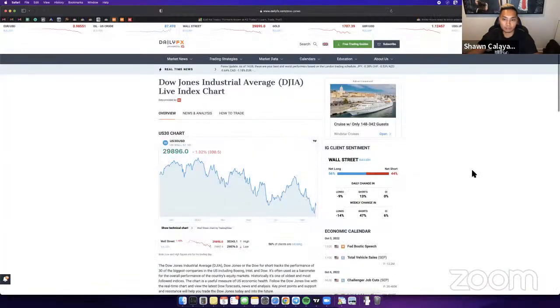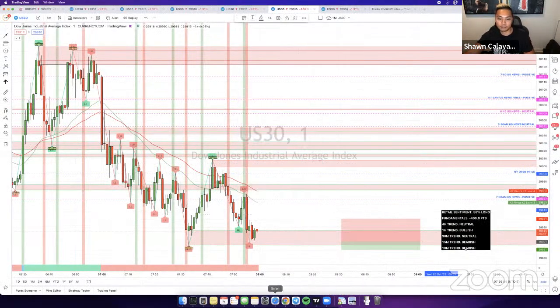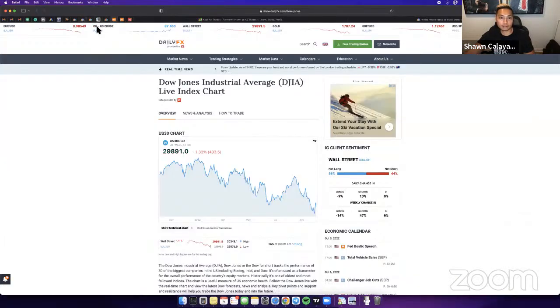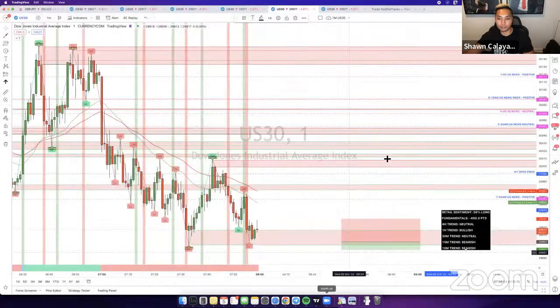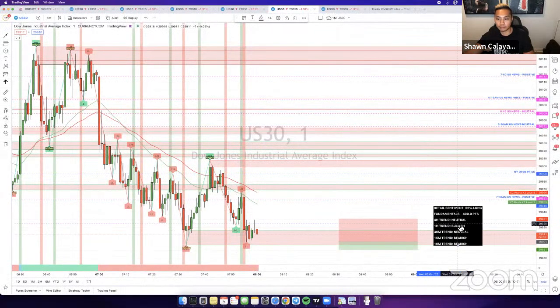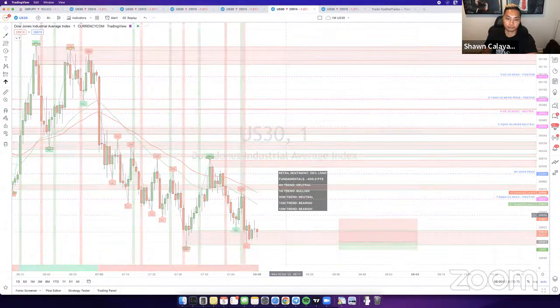So let me just take a look at everything over here real quick. Sentiment did change by 1 percentage point, not very much, 56% long. Fundamentals over here are currently down 417 points. Slow down pretty heavy. 4-hour trend is neutral, I'm assuming.